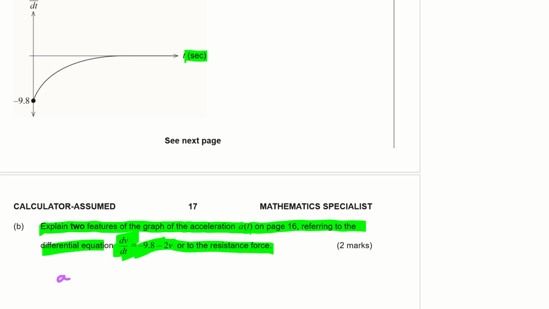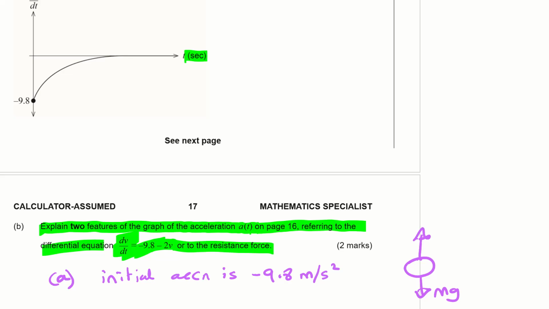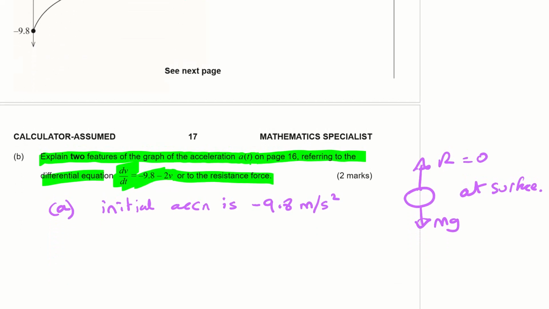Well, the first thing to note is that the initial acceleration is negative 9.8 meters per second squared, and that's because at the surface we have the weight, but the resistance is 0. So it's not actually submerged yet, so there would be no resistance.